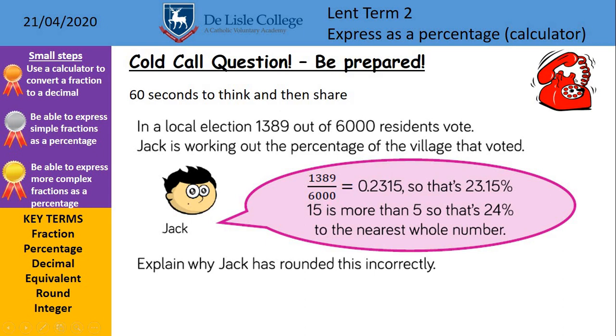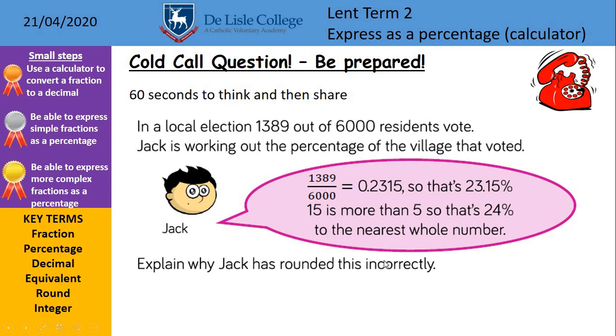Now, if you put this as a fraction into your calculator, using the fraction key, this cancels down to 463 over 2,000. Then if you press the S to D key, you get 0.2315, so this is correct. He says this is then 23.15. If we then multiply this by 100, this is in fact correct.